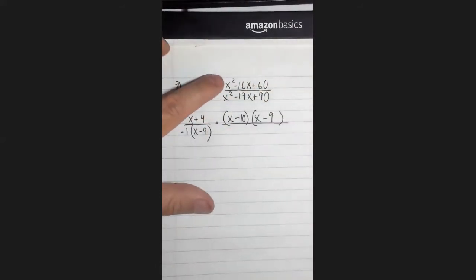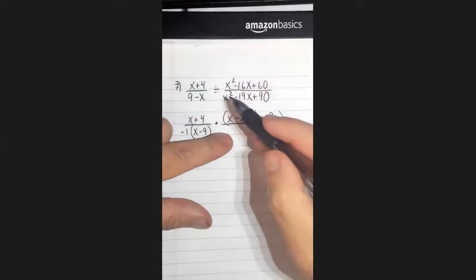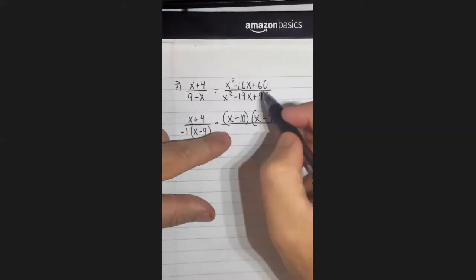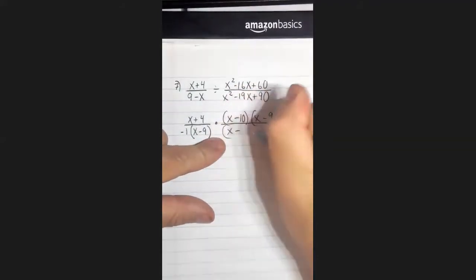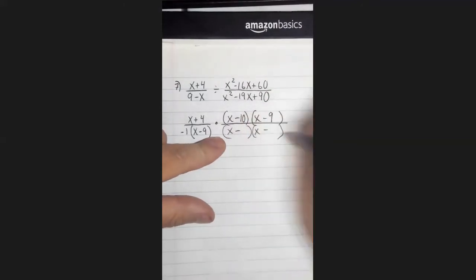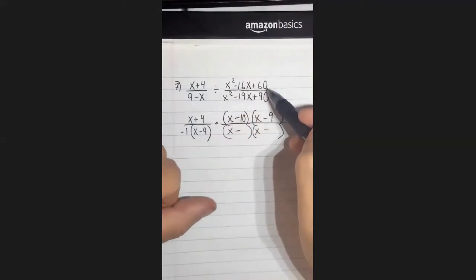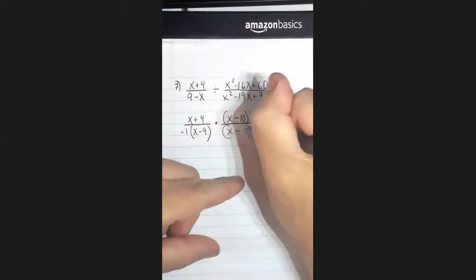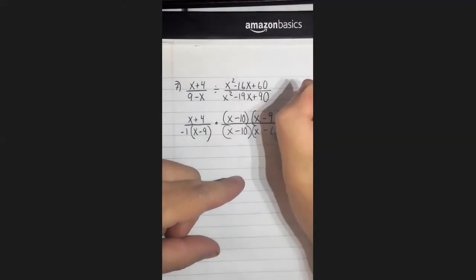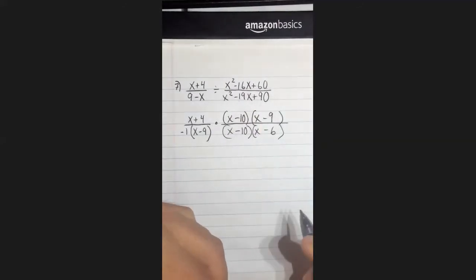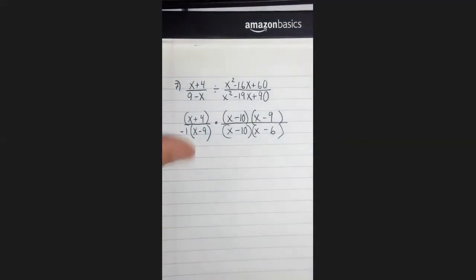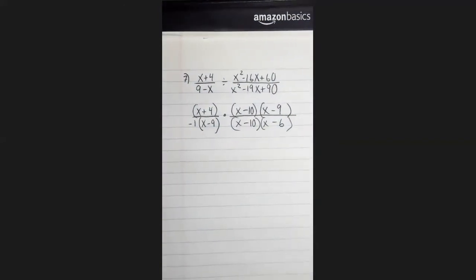Now I'm going to work on my numerator here, but it's going to become my denominator once I change this to multiplication and flip it. Again, it's a minus here and a plus, so I know it's going to be x minus, x minus. What will give me 60 and add together to give me 16? The same thing, 10 and 6. I would probably put that x plus 4 in parentheses since all my other binomials are in parentheses.